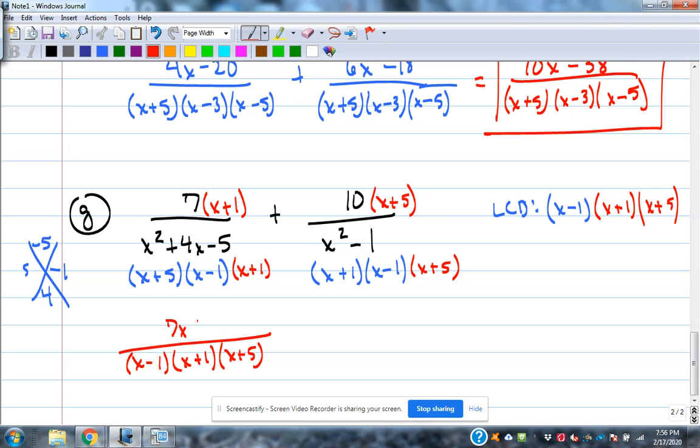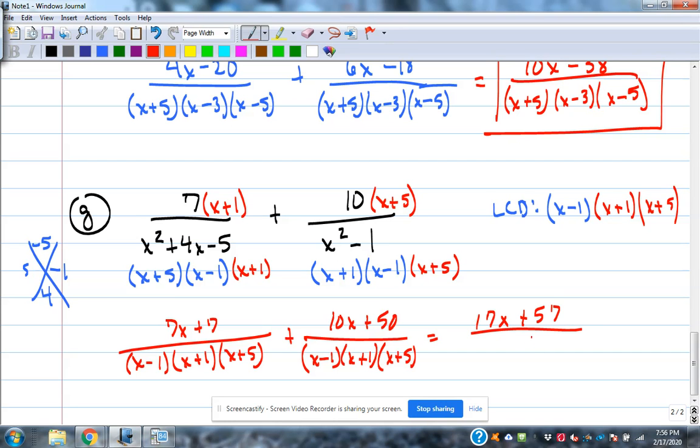Top part's going to be 7x plus 7, 10x plus 50. And then we get 17x plus 57 over x minus 1, x plus 1, x plus 5.